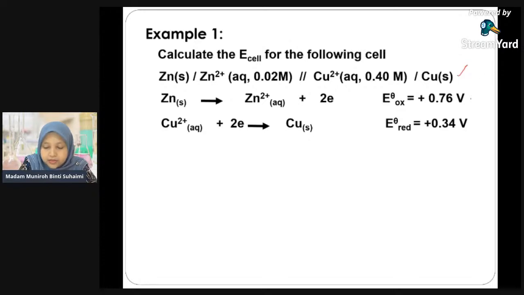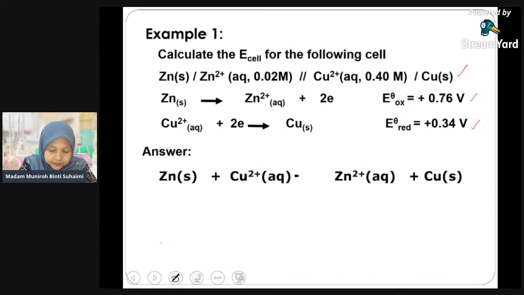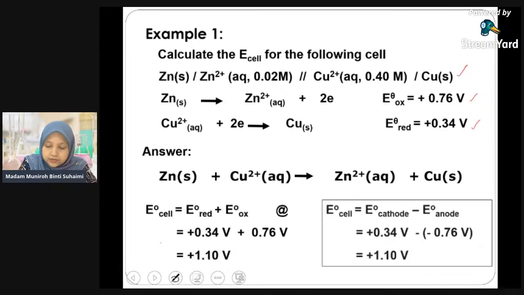We have E0 for oxidation and E0 for reduction. So to calculate the E cell, first we must calculate the E0 cell.